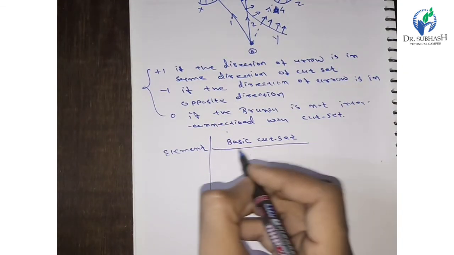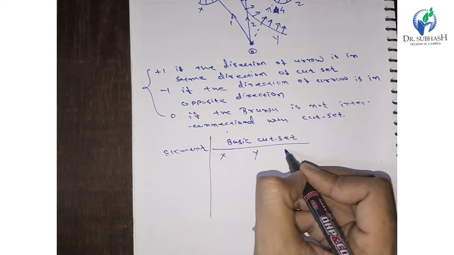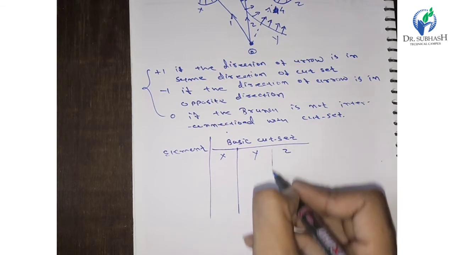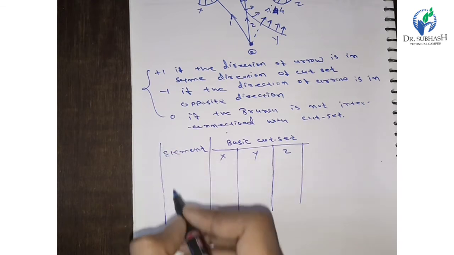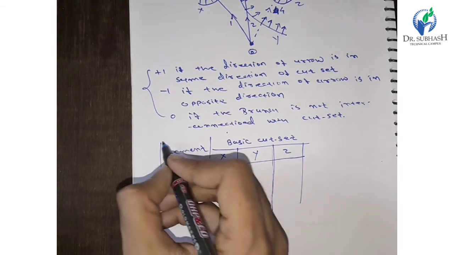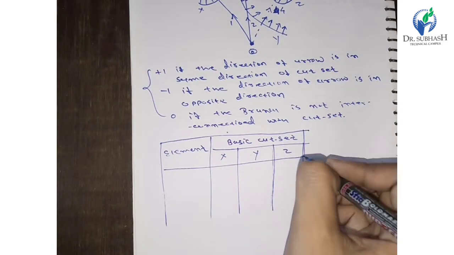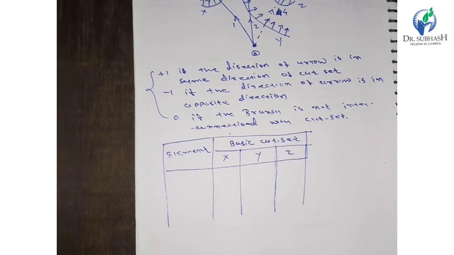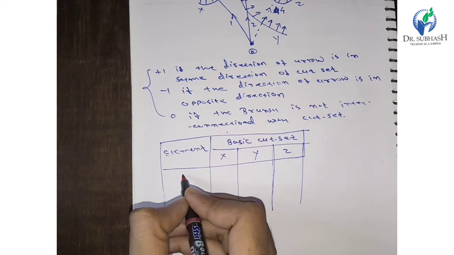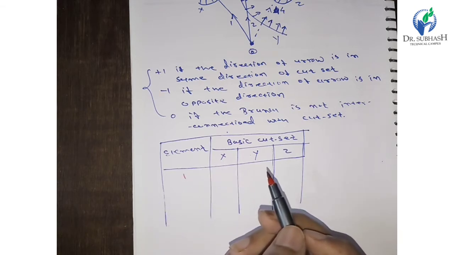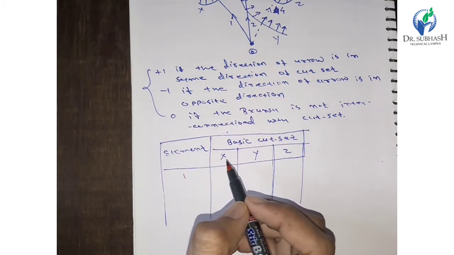Here we write down cut set x, cut set y and cut set z. When we take element 1 in the basic cut set part, basic cut set x is directly connected with it.